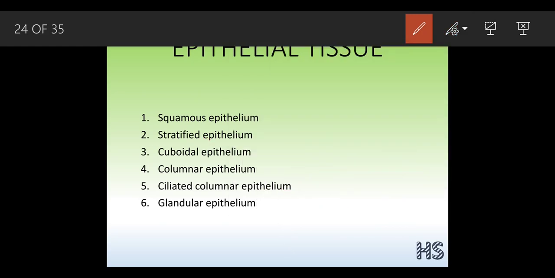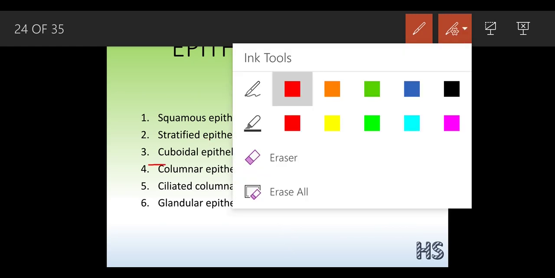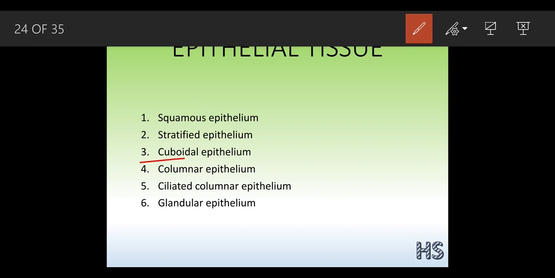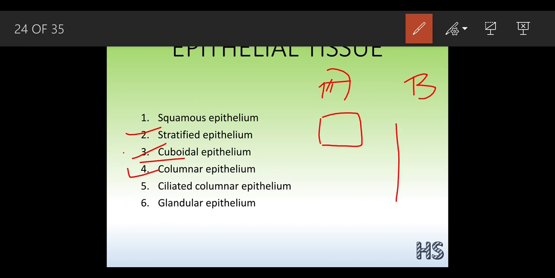Now the word cuboidal. Okay, it's a mathematical term also, cuboidal. Okay, cuboidal means like this. There is a difference between the words cuboidal and columnar. If you look, cuboidal is this shape. Suppose I name it A, this is cuboidal, and suppose I name this B, this is nothing but the columnar.